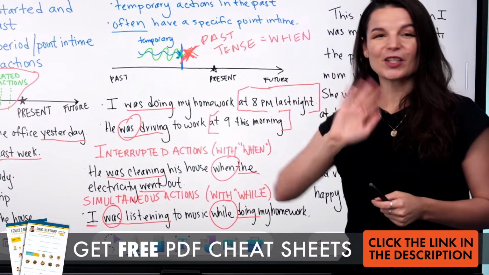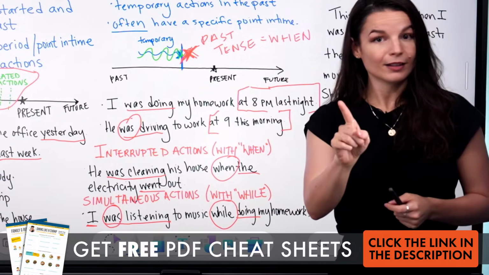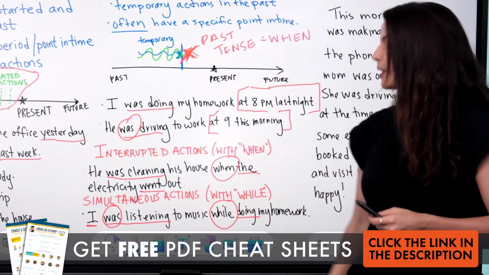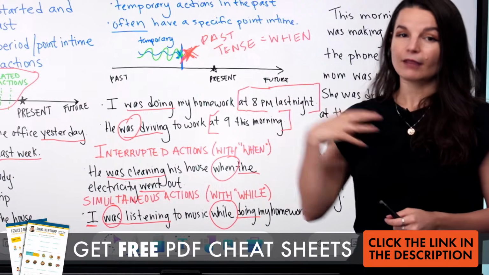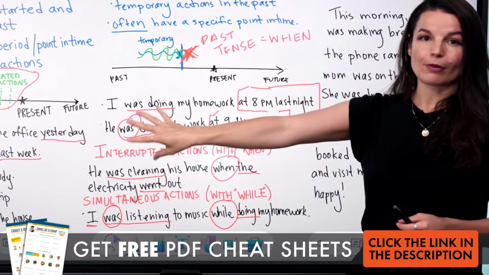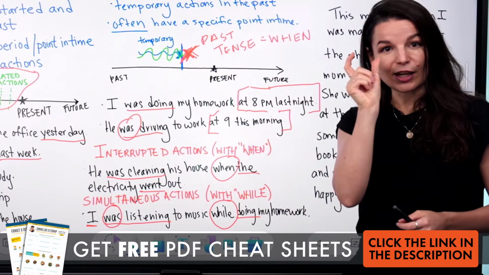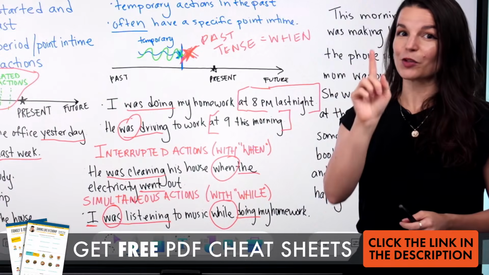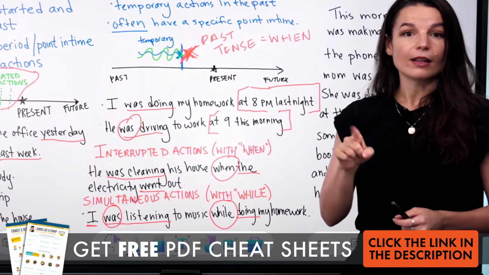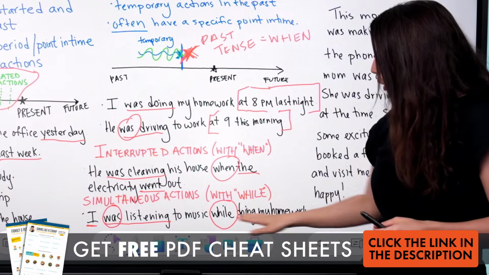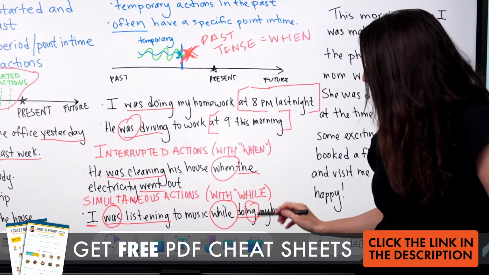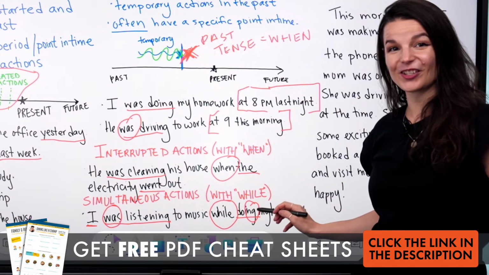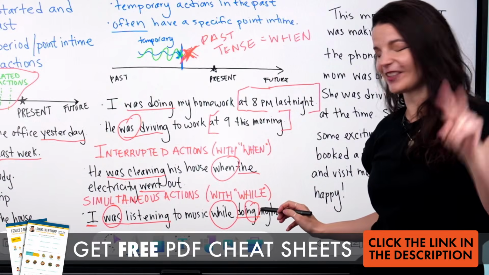So you don't need to include "I was". You can say, I was listening to music while I was doing my homework. Perfect sentence also. But native speakers like to drop that. We like to make the sentence nice and short and efficient. So I recommend you practice this too. You will see this a lot in books also. So you can put two together, just don't forget your ing form. I notice many learners forget the ing in the second action there, yeah? So watch out for that.